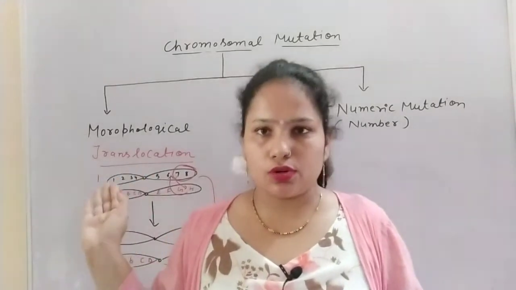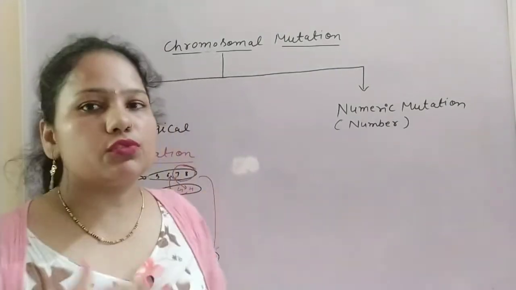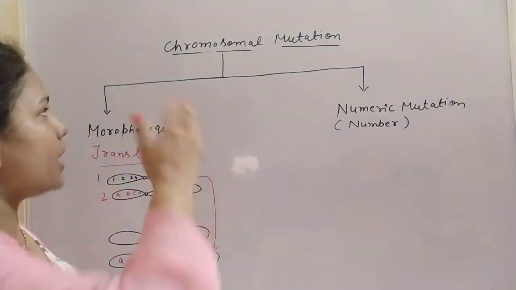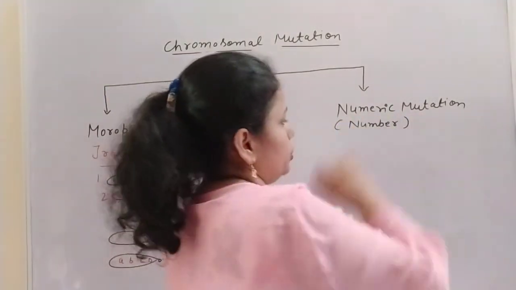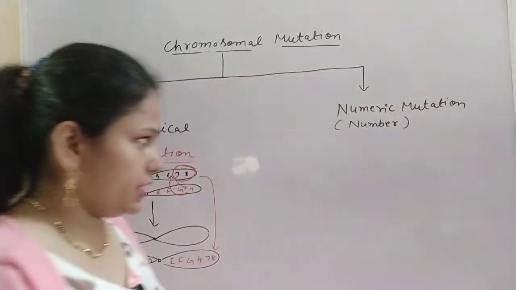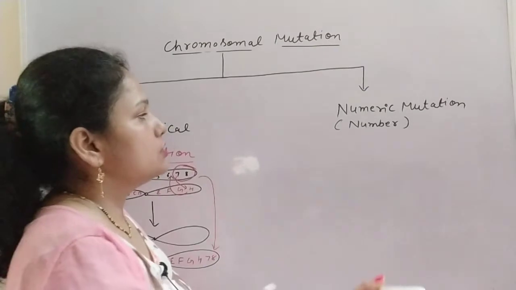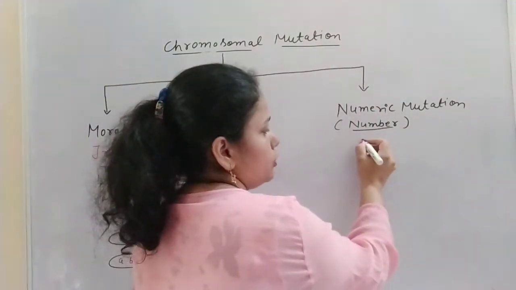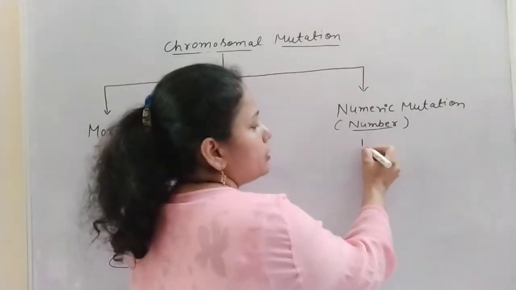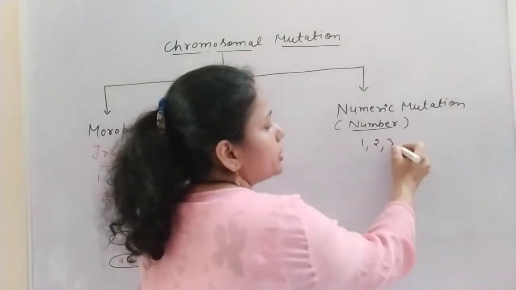So you understood all. Now we have to discuss the next type of chromosomal mutation, the numeric mutation. Numeric mutation means there is a change in the number of chromosomes, suppose chromosome 1, 2, 3.